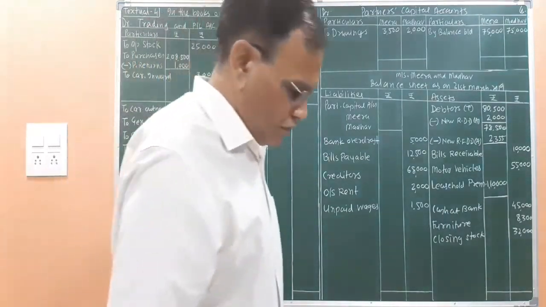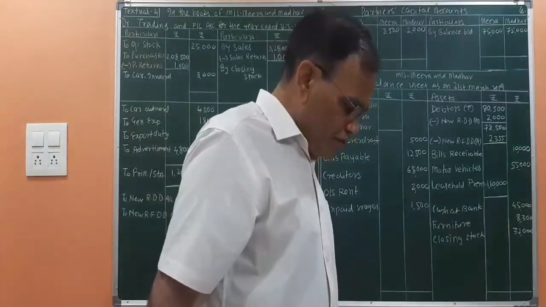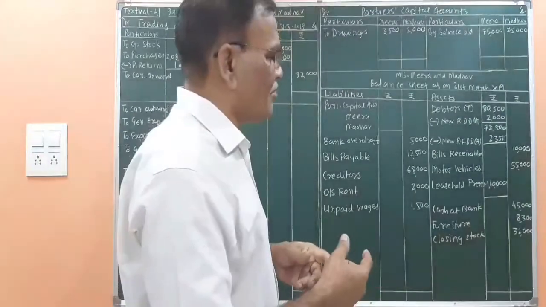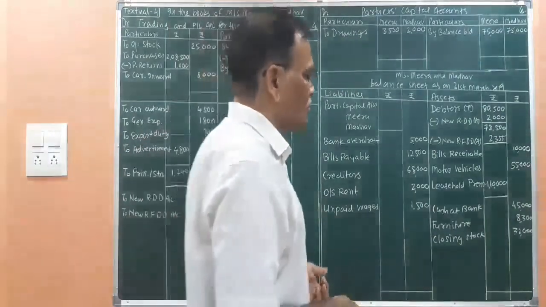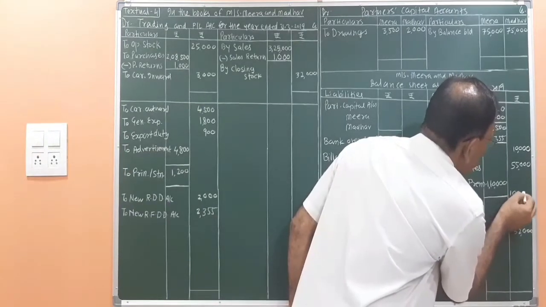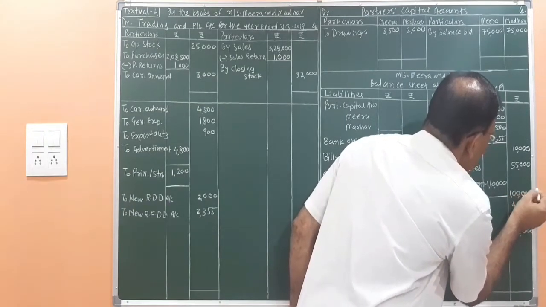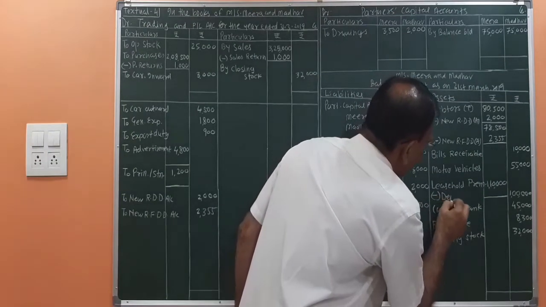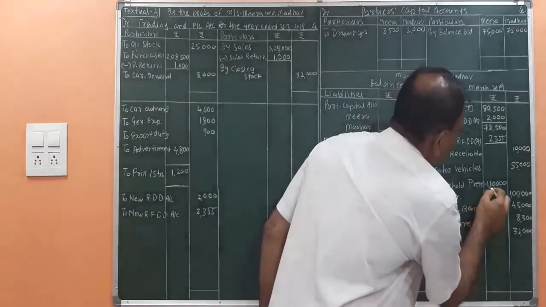Now, value of leasehold premises 1 lakh rupees. So we are not told to depreciate, but we are given a new value. New value is 1 lakh. So in the outer column, if I am showing new value 1 lakh rupees, what will be the depreciation? Minus depreciation 10,000.